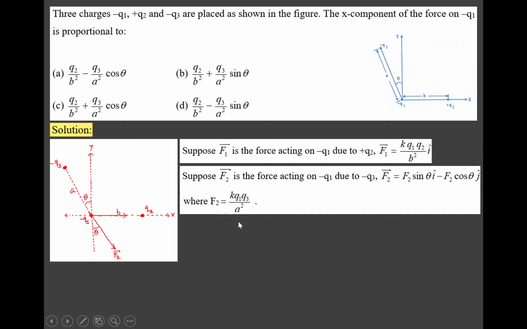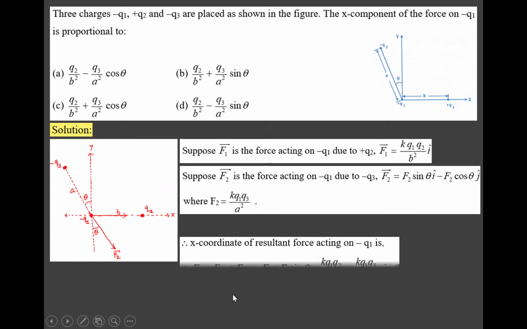Now here we want the x component of the net force acting on minus Q1. So for the x component, two forces are acting, F1 and F2. So we have to consider x component of both the forces F1 and F2.